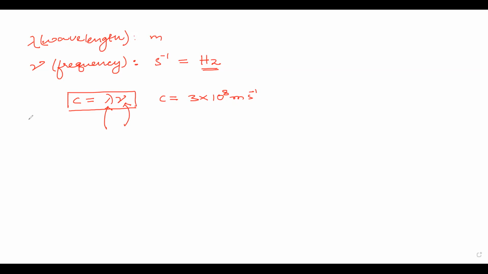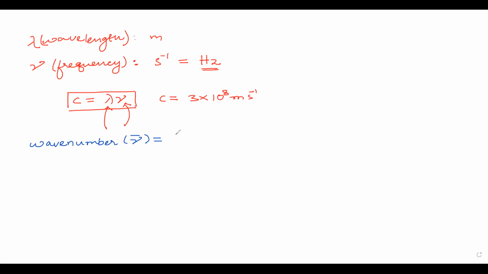Yes, sir. Now also define one more term, which is known as wave number. Wave number has a symbol which is mu bar. It is a mu, and there is a bar above it.